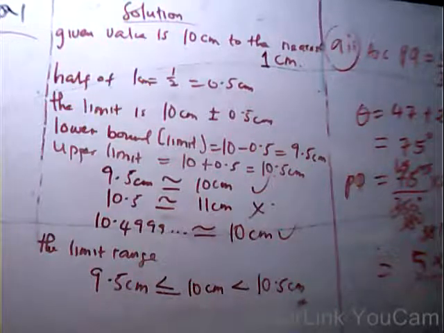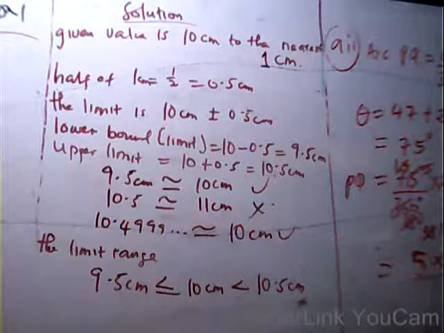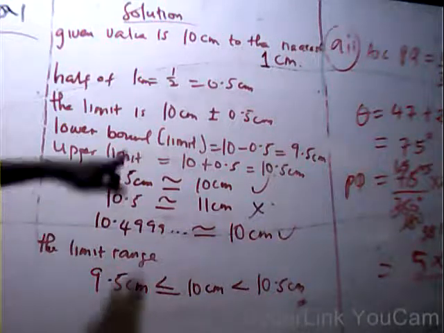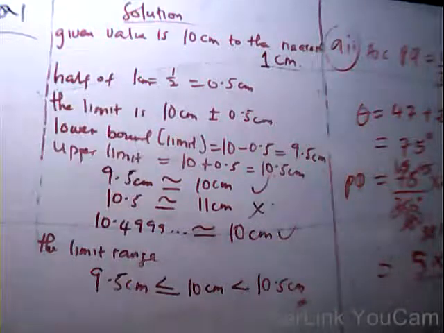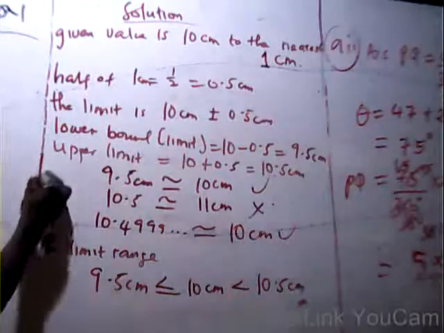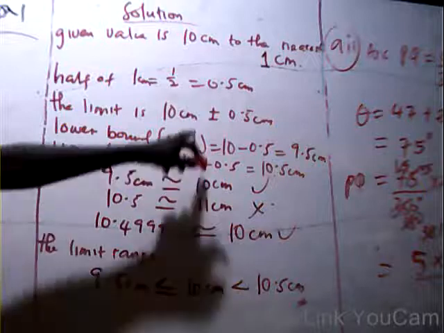Another example. So this 0.5 is considered as the error of measurement. Look at it, this 0.5.